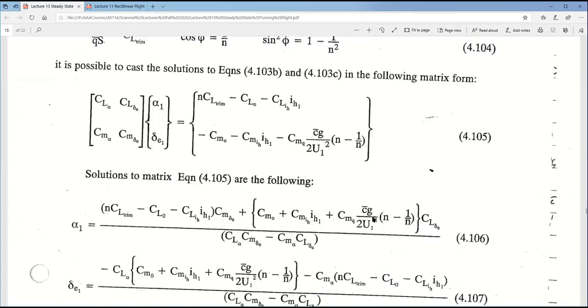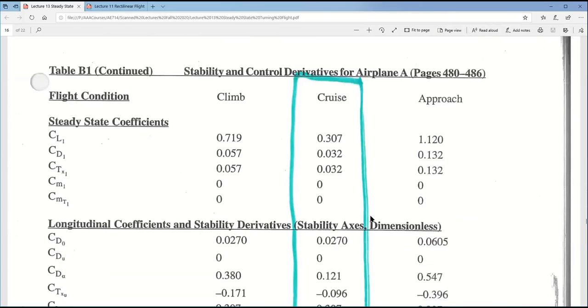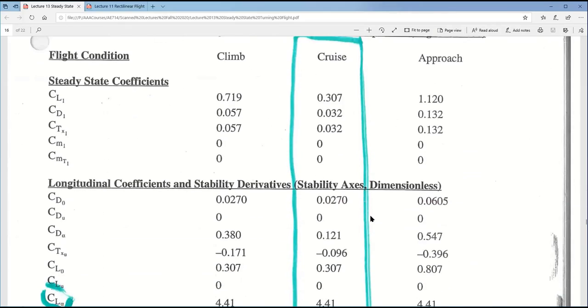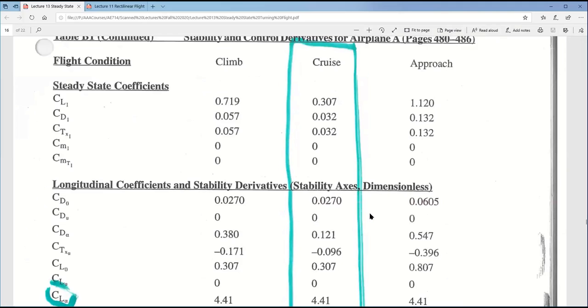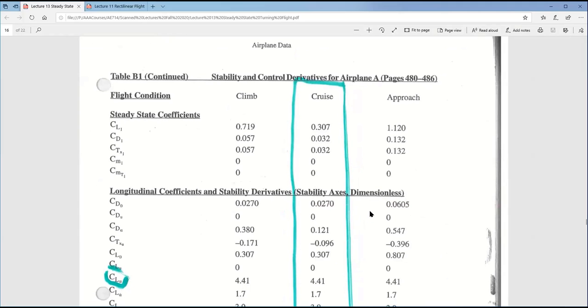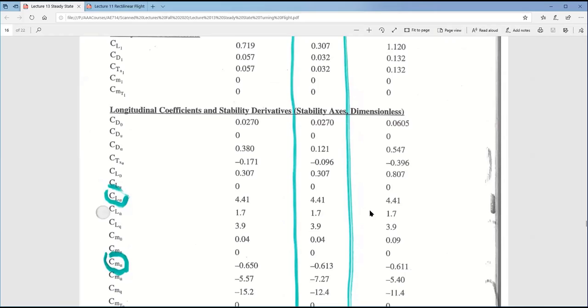Okay, so what we need are the numbers in that middle column. So I've even highlighted it for you. There's CL1, that's CL trim in the equation. So do the denominator first, and we'll calculate that, compare answers.